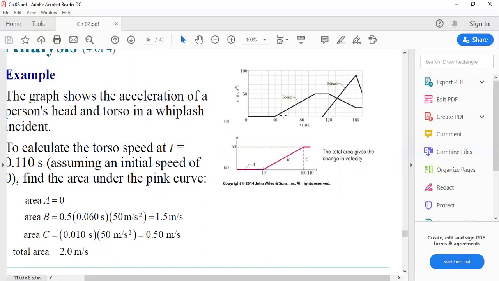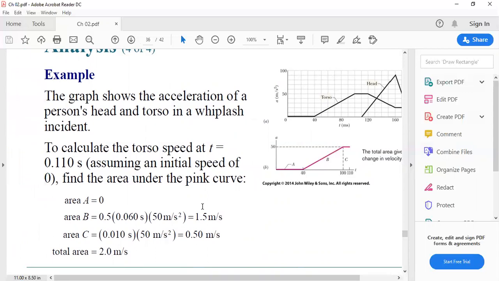The area of C is going to be basically the time difference times 50, from 100 to 110. And so your total area is going to be 2 meters per second.